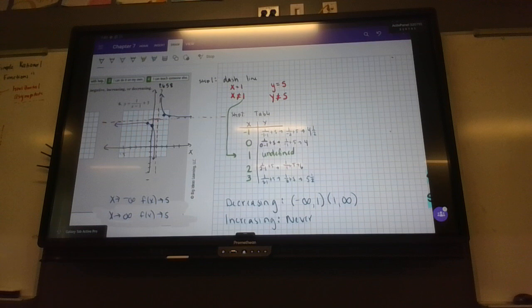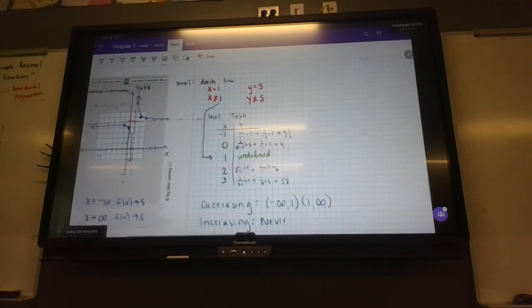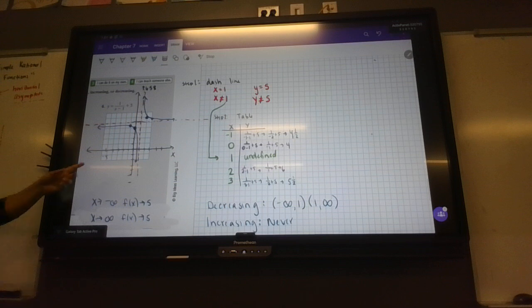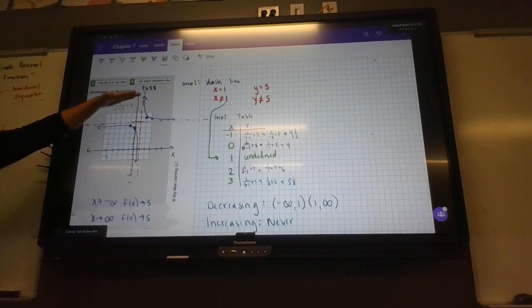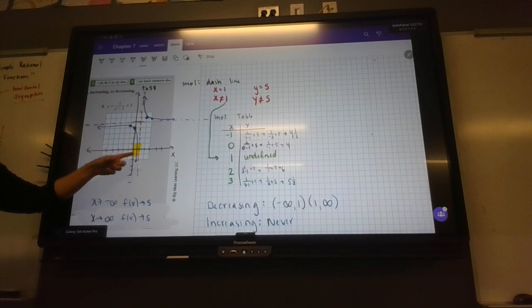And then the last thing, the positive negative thing, this one's an extra challenge. So here's a challenge question for the people in the room ready for a challenge. It's positive above here, so we have to figure out the x-intercept. What is this point? That's a challenge question.